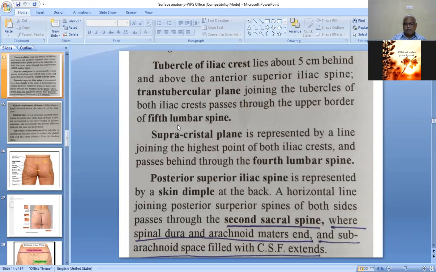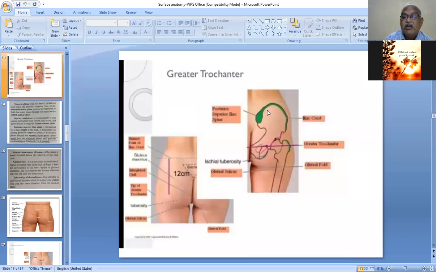The supracristal plane is represented by a line joining the highest point of both iliac crests and passes behind through the fourth lumbar spine. Here I will show you. This is the highest point of the iliac crest, and on this side also the highest point of the iliac crest is there. If you connect these two, it goes through the fourth lumbar vertebra. This is the posterior superior iliac spine, this is the anterior superior iliac spine, this is the iliac crest, and this prominence is the tubercle.